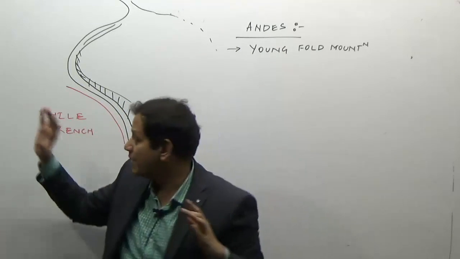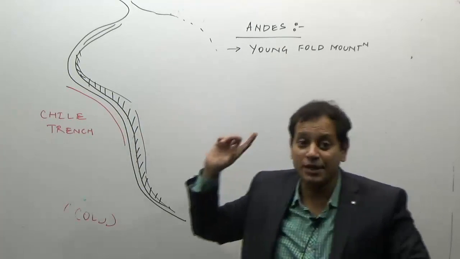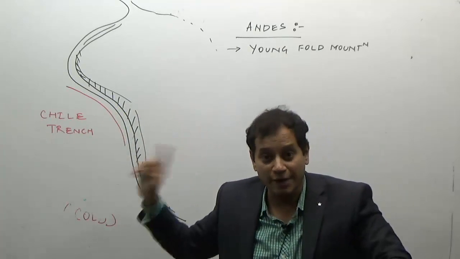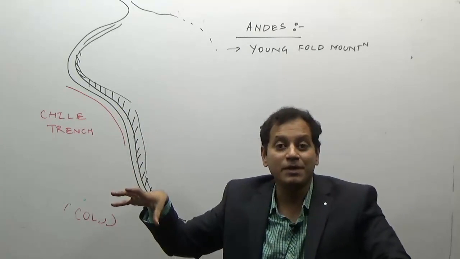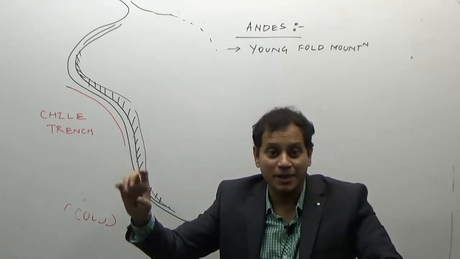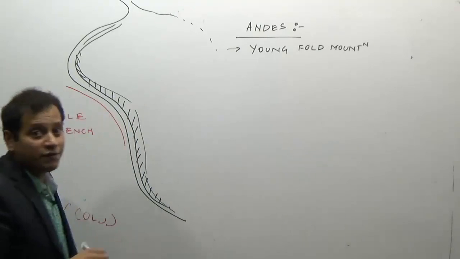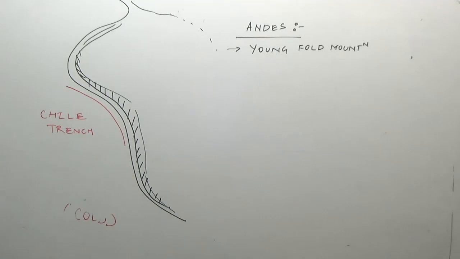Now here the heavier plate is the oceanic plate and the lighter plate is the continental plate. Remember Sial, Sima, or the continental plate versus the oceanic plate. The oceanic plate is the denser plate. Now these are young fold mountains formed due to the convergence of which kind of plates?